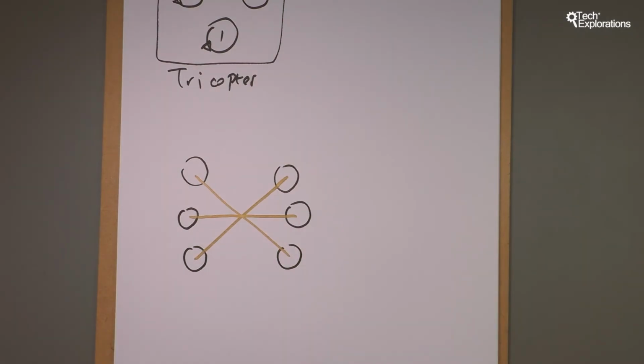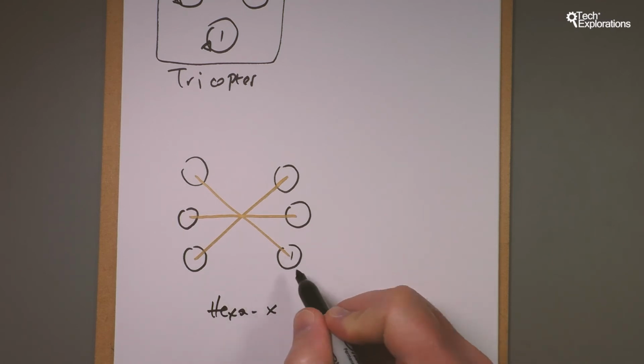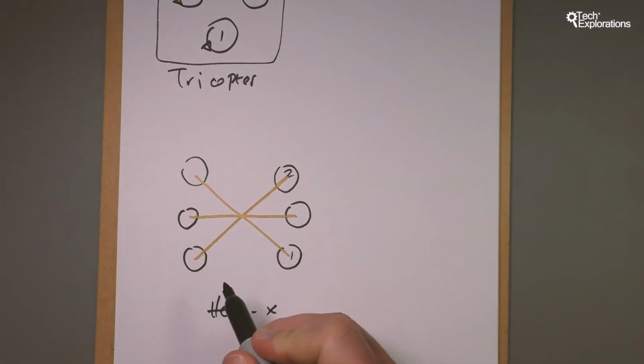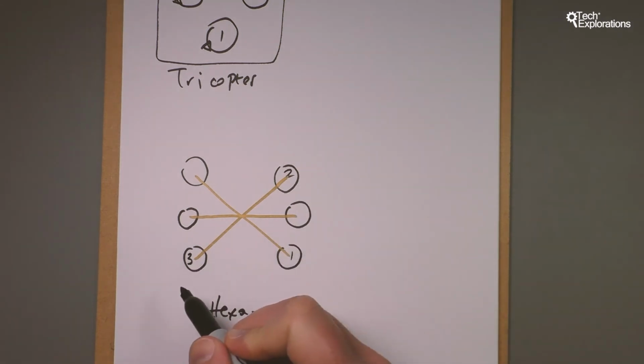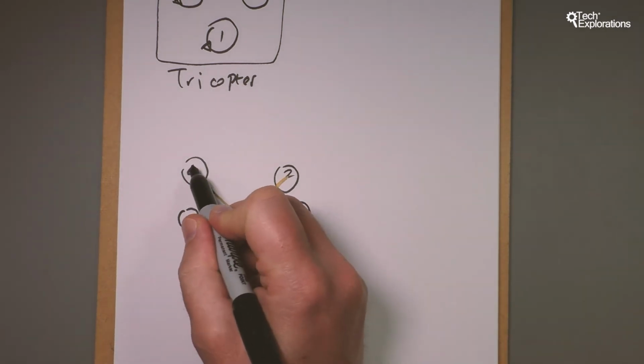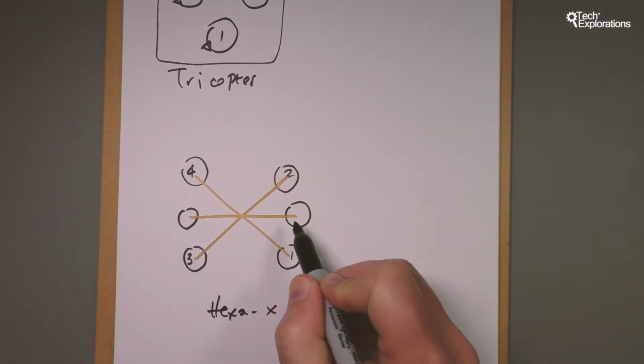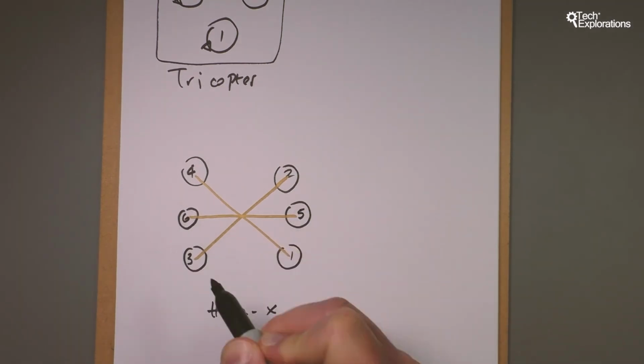So this is called a hexa X. And we have number 1, 2, 3, 4, and 5, 6 total propellers.